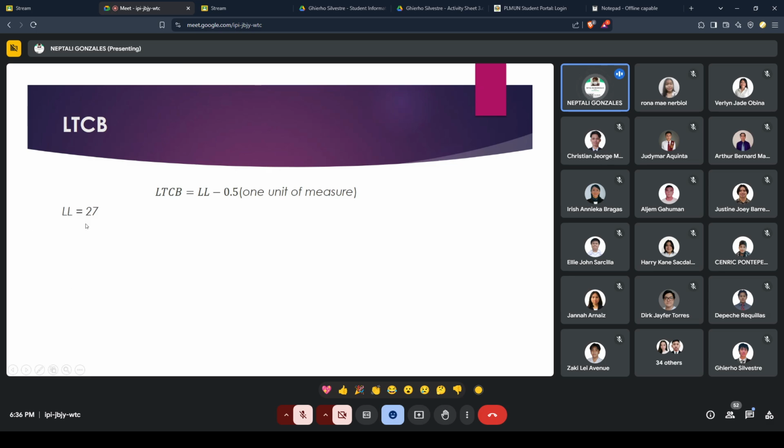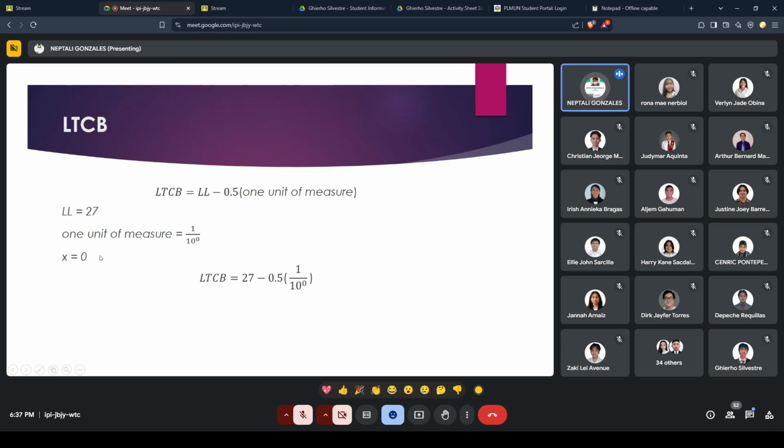Your lower limit is equal to 27 because that is the minimum value, the lowest of the first class. First class siya. 1 unit of measure as computed earlier is 1 divided by 10 raised to 0. And any number raised to 0 is equal to 1, because there is no decimal place among the given.